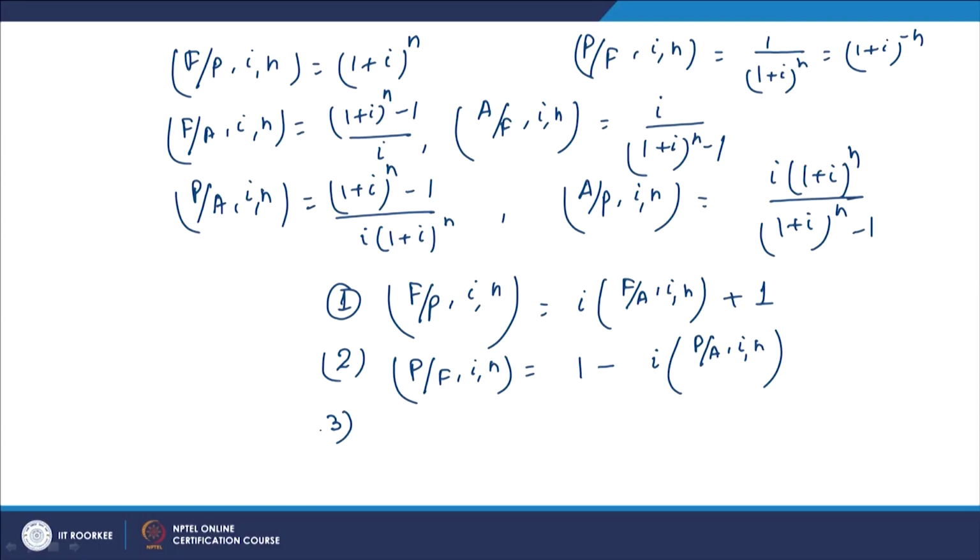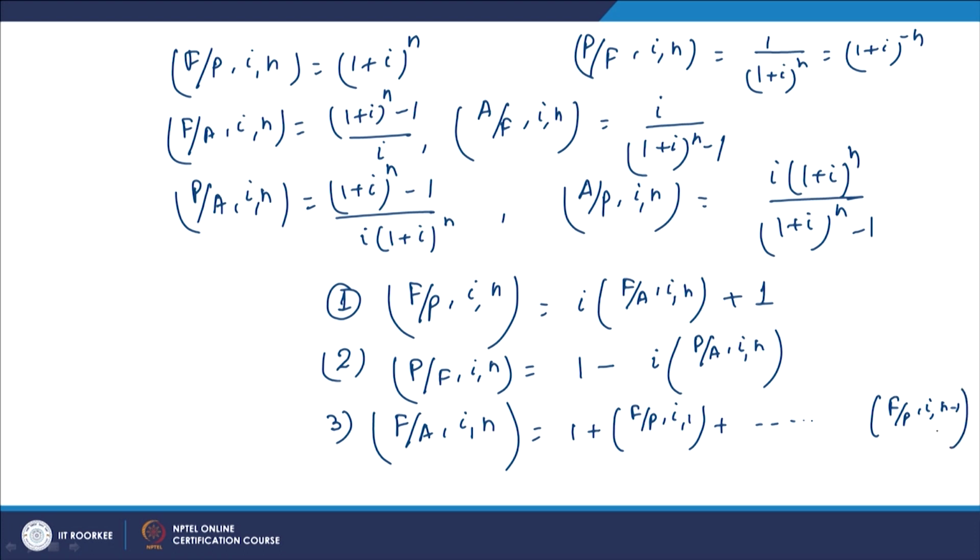Similarly, you have the expressions like F by A, i, n. Now, if you look at F by A, i, n, it is ((1 plus i)^n minus 1) by i. Now, this will be 1 plus F by P, i, 1 plus, and it will go up to F by P, i, n minus 1. As you know, F by P is 1 plus i.